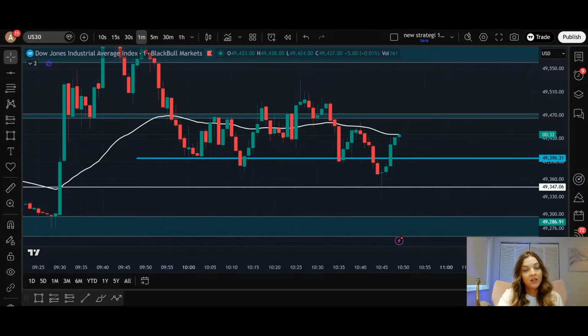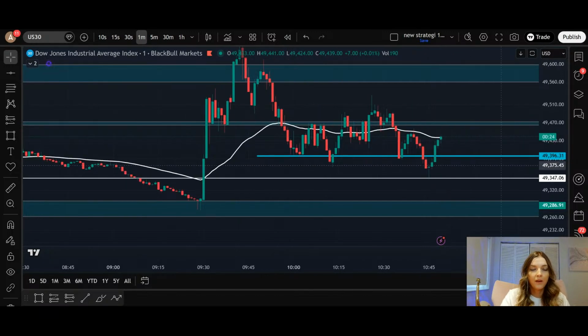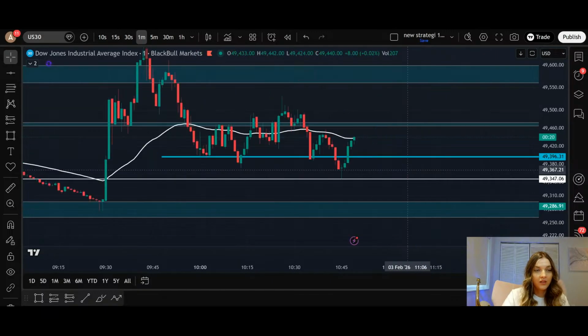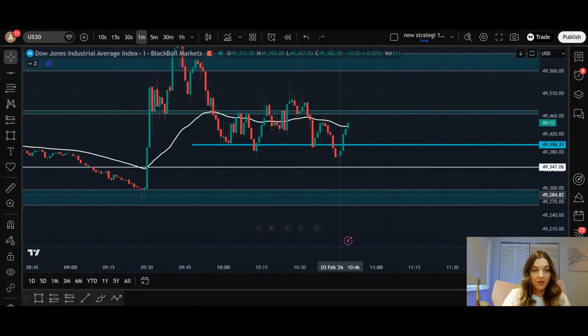I'm excited and waiting for you to sell, but I don't know if I want to sell. I don't know if it's a sale. It's a sale if it goes back to this area and retests it, and probably you can take a scalp. But if it comes down to this area, it's a buy. You see the rejection.